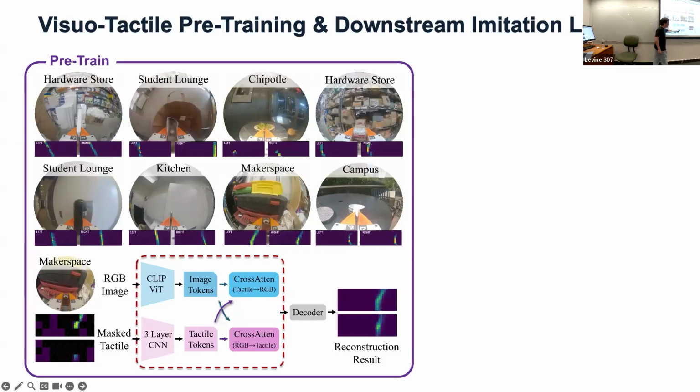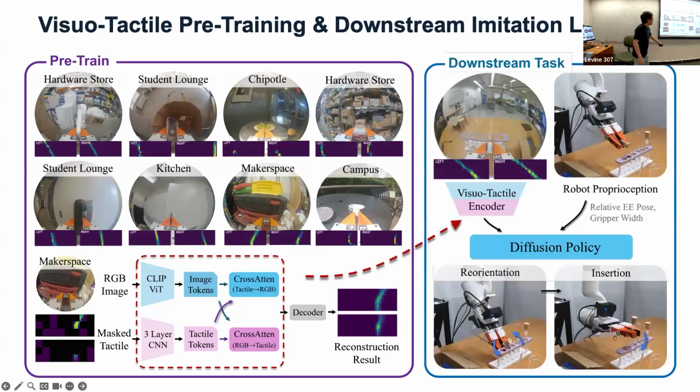This is just for verification, not used in the whole pipeline. Then we leverage this visual tactile encoder for downstream task training. We combine it with robot proprioception and let the diffusion policy condition on vision, robot proprioception and tactile together, and then we get a robust policy.